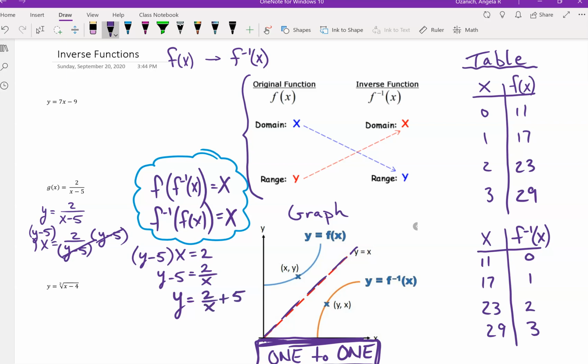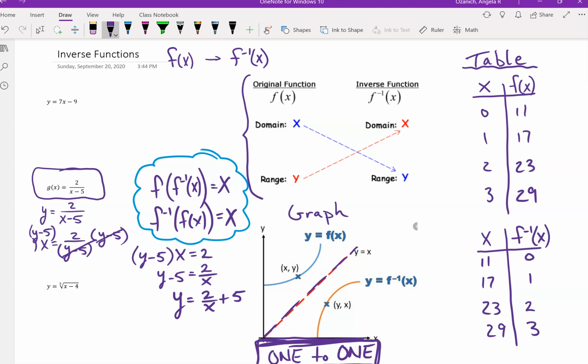You guys probably recognize this as a rational function, and it's going to have a vertical shift of 5 and an a value of 2. And if you look back over at the original function, you probably recognize this one is going to have a horizontal shift and still a stretch of 2. So they're very similar looking rational functions.